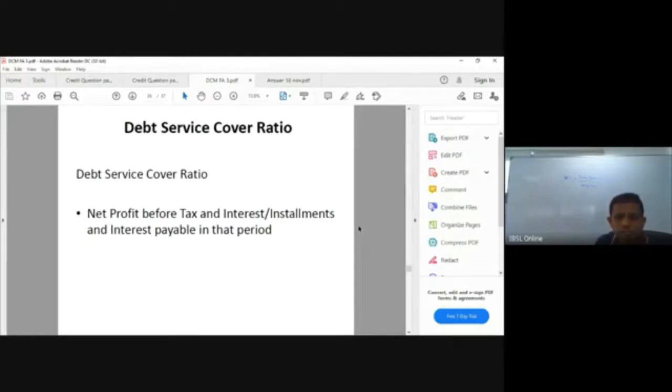You have to take the net profit before interest and tax, divided by the loan capital plus interest figure. That is the debt service cover ratio, very famous in the banking industry, but the definitions may vary from bank to bank. That is one kind of limitation when it comes to ratio analysis. There is no specific definition for these things.